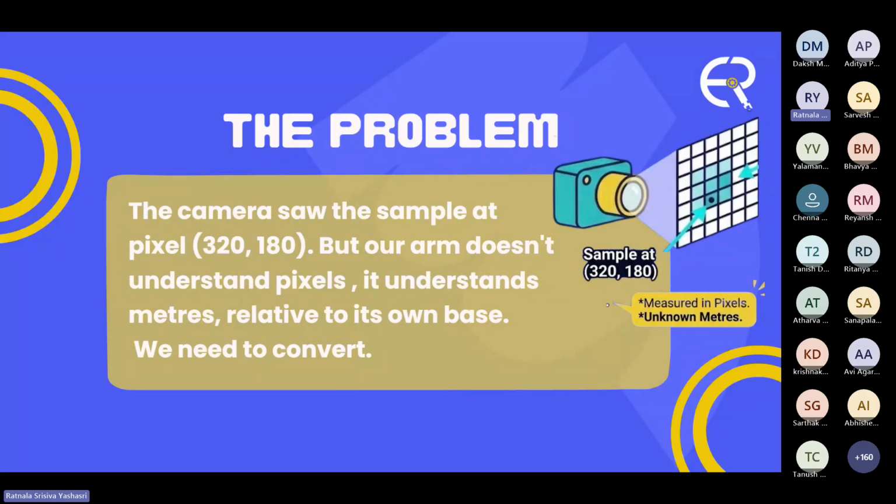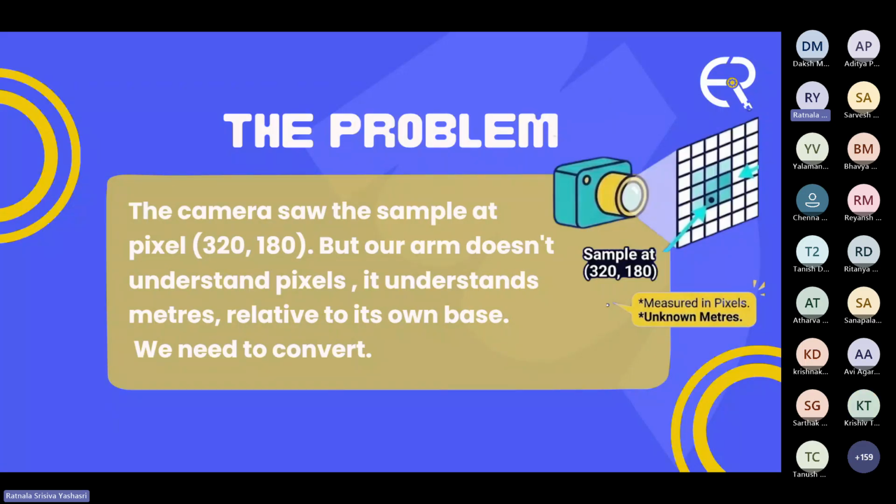So now let's assume that we've got the coordinates in the camera frame. And we know the offset of the camera relative to the arm base. So now we need to figure out a way to tell the arm how to move. But the conversion between the camera frame and the arm base frame is what transformations solve.